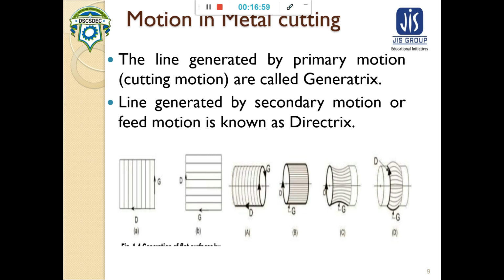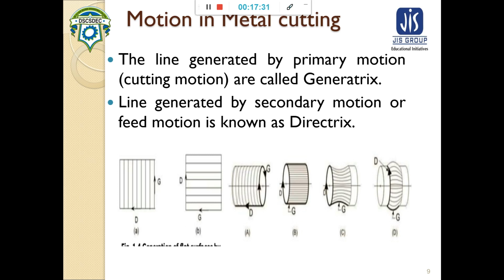See, if we want to generate a surface, so if we want to generate a cylindrical surface, then what will we do? From a rod, if we want to generate a cylindrical surface, first a circle will be drawn, and that circle is repeated subsequently. When that circle is repeated, at that time the generation can be done.